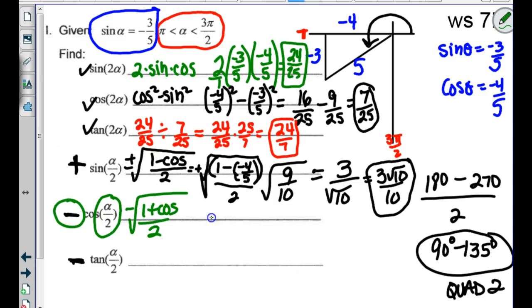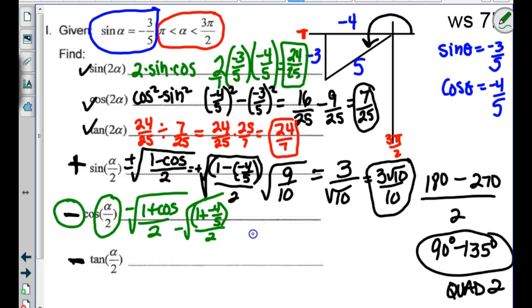So we're going to have a negative, and we're going to put in the numbers. What is the cosine? Negative 4/5, right? So we're going to have 1 plus negative 4/5, all divided by 2, and then we're going to have to put a negative in a square root. Use your calculator. I think you get 1/10 in here. Somebody try it. 1 plus negative 4 divided by 5, enter, and then divide by 2, enter.